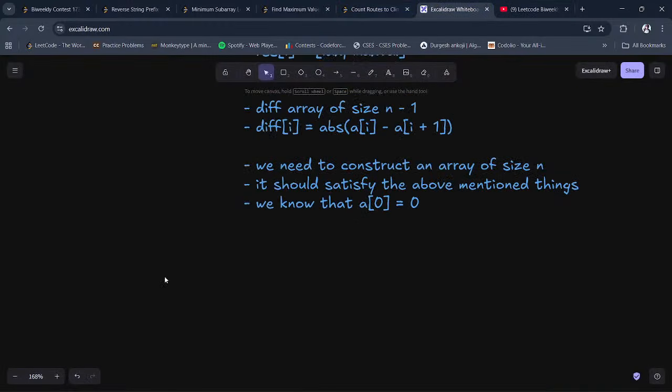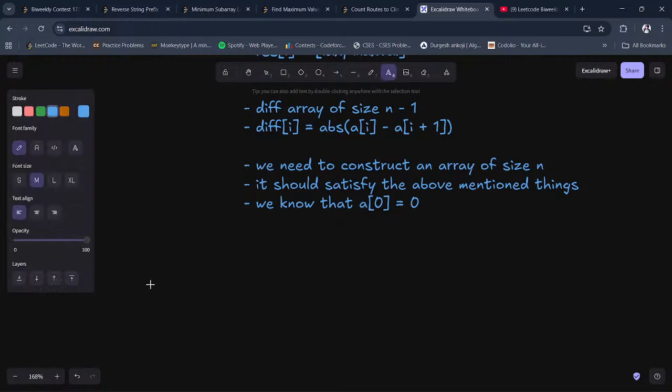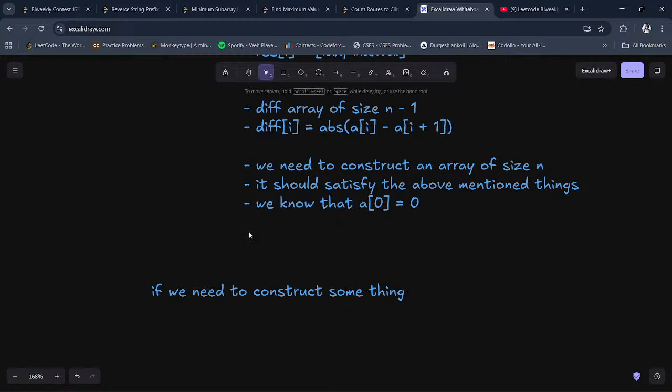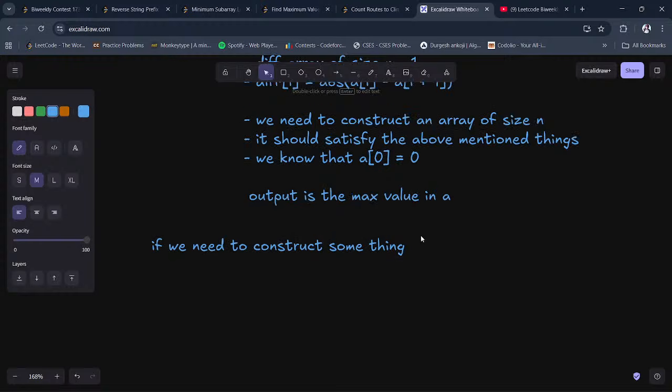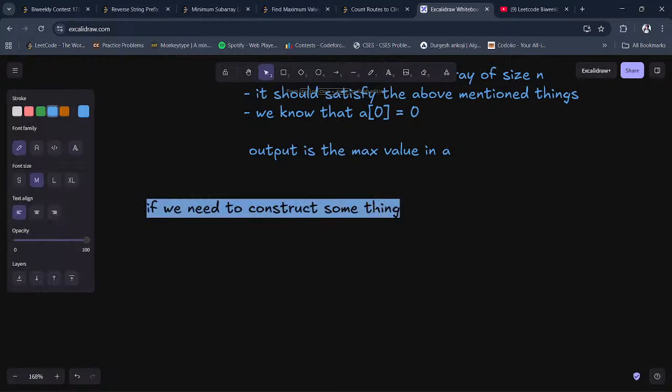If we need to construct something, we need to construct a. At the end, the output, I need to also mention, is the maximum value in a. We need to construct something. If we need to construct something, what are the things we know?